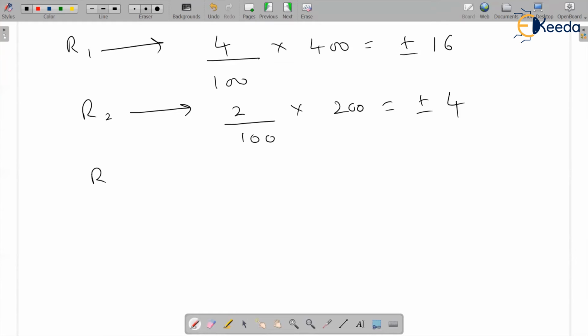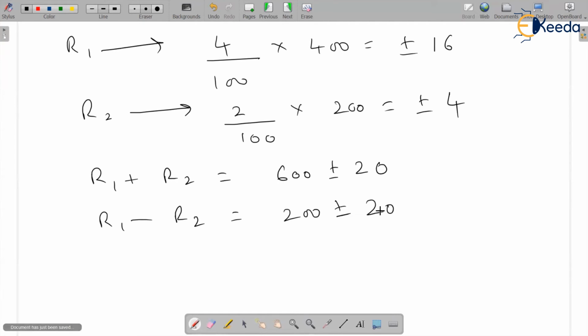So I can conclude R1 plus R2 is equal to 600 plus or minus 20, and R1 minus R2 is equal to 200 plus or minus 20.